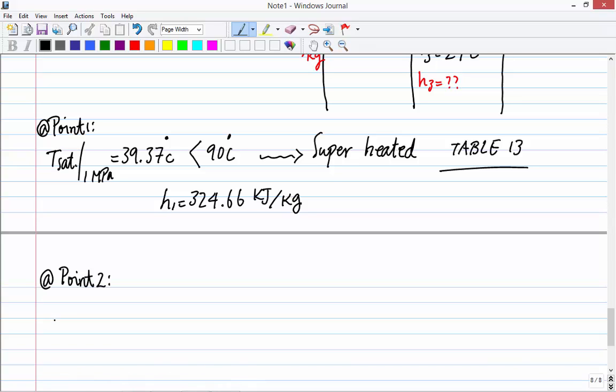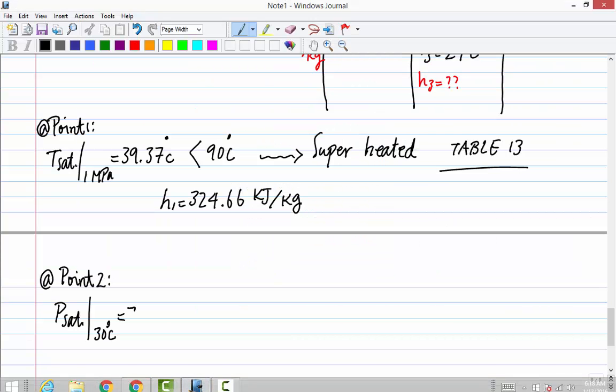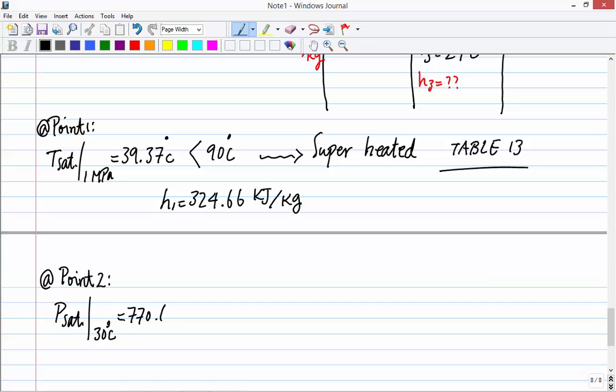Let's write it based on pressure, because when you talk about pressure it makes more sense. So the saturation pressure at 30 degrees C was 770.64 kPa, which is less than 1000 kPa, 1 megapascal, right?